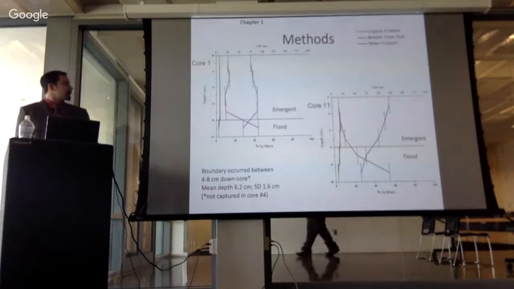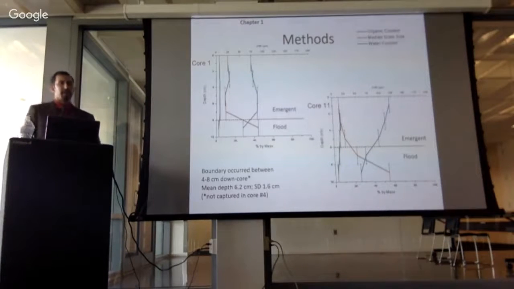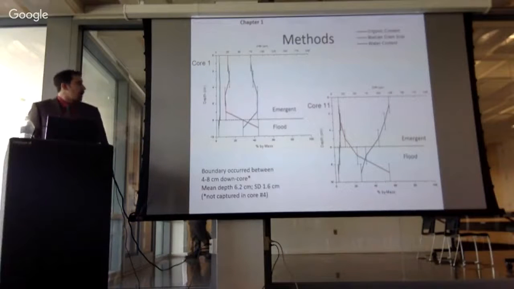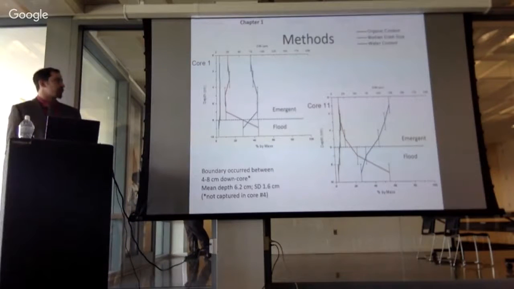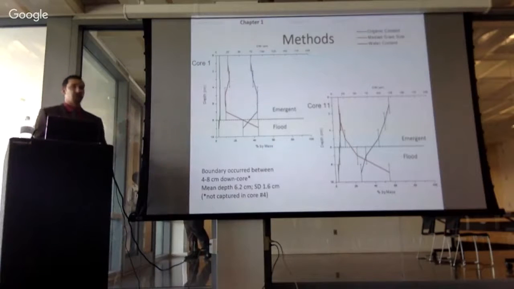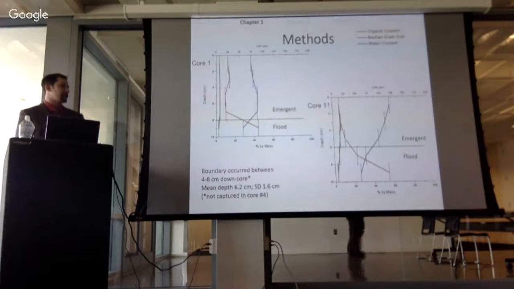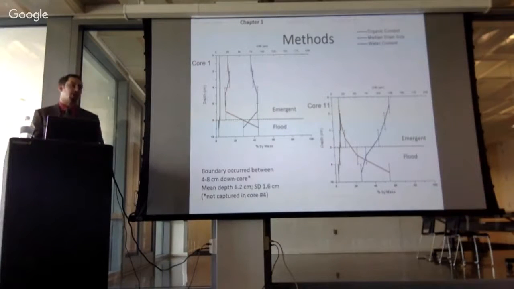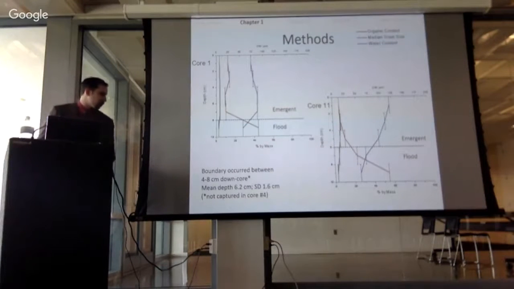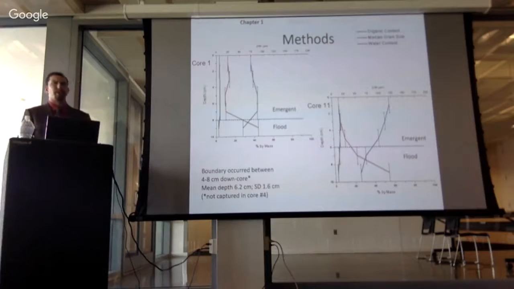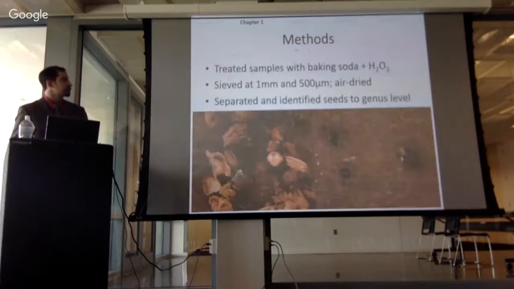By analyzing a subsample of the sediment in each core slice, I measured grain size, organic content, and water content, and defined the boundary between the emergent and flood layer based on a jump in grain size and a decrease in organic and water content. It's worth noting, in one of the cores, I was not able to capture that flood layer, so I have 9 observations of the flood layer, 10 of the emergent layer.